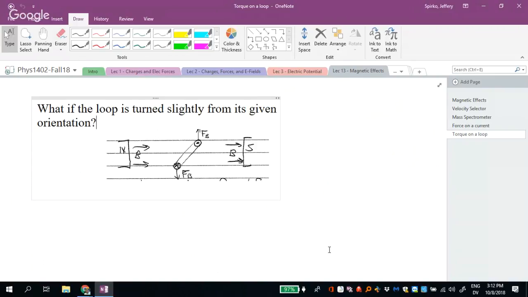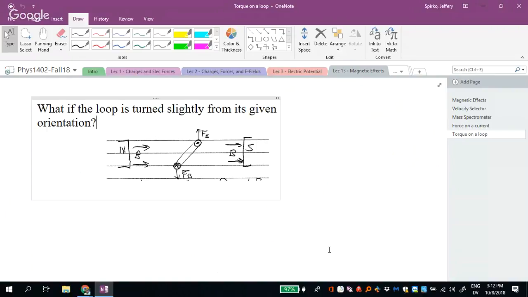And what we've done with the loop is, instead of having it be a square facing up and down, we've turned it slightly. And this force, due to magnetism on the top segment, is still going to be straight up. And the force due to the bottom segment's interaction with the magnetic field is still going to be straight down. And that's going to tend to try to pull the loop back into its previous orientation, where the current was going out of the page, straight down the front, into the page, straight up the back, out of the page, straight down the front.